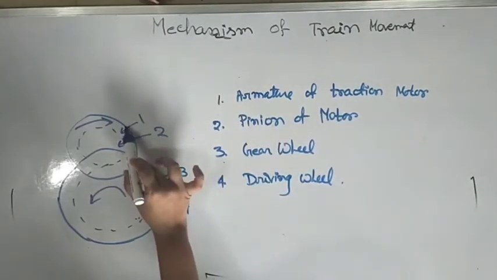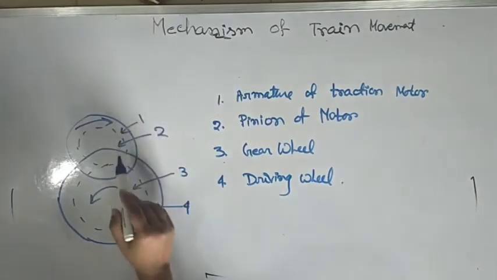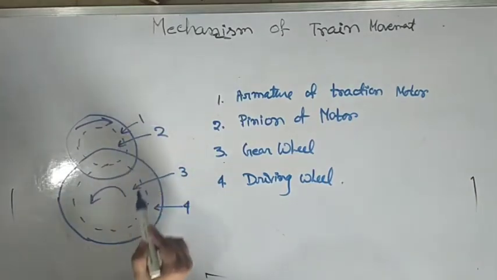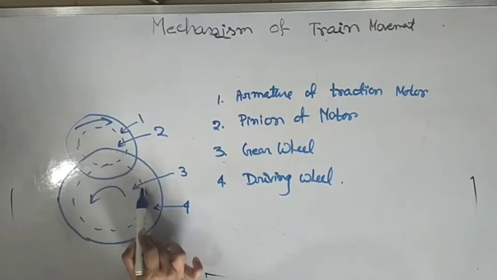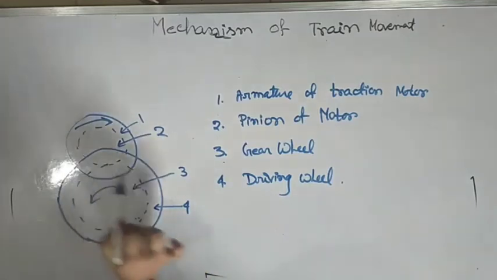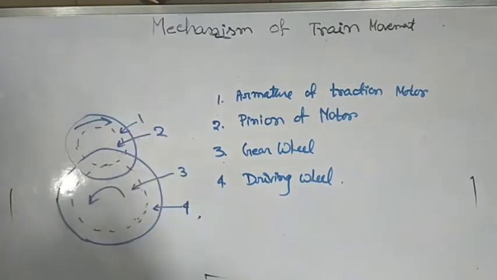So this is the armature of the traction motor, this is the pinion of the motor, this is the gear wheel and this is the driving wheel. Now this figure shows schematically the essential driving mechanism of an electric vehicle.